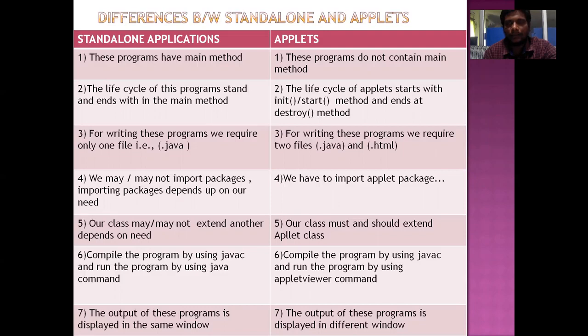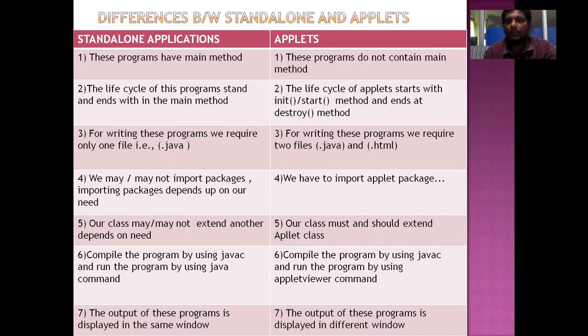And coming to the second difference between standalone applications and applets, the second one is the life cycle. For normal programs, that is standalone applications, the life cycle will start and end within the main method. I already said that we can have any number of classes, but only one class contains a main method.